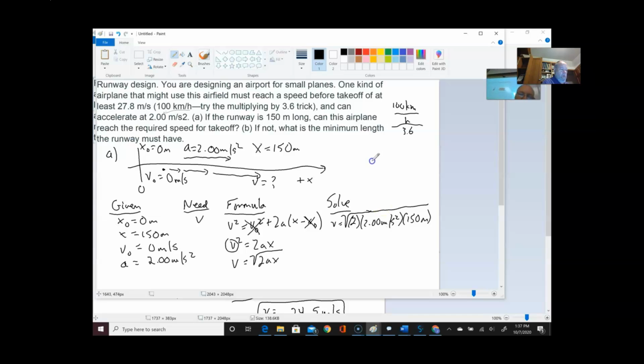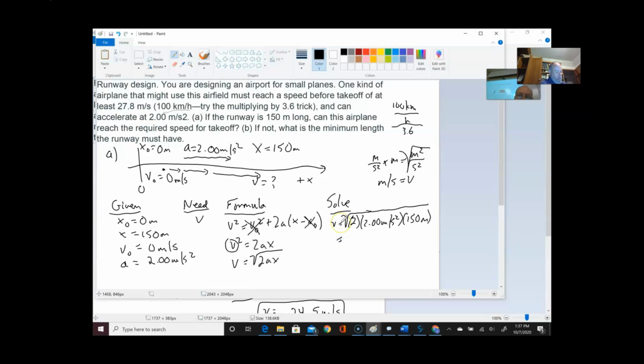If I multiply the units in the acceleration, meters per second squared, times meters, I'm going to get meters squared per second squared. Well, that's a weird unit, except it's under the square root. So if I take the square root of that, I'm going to get meters per second, which is what I want. I want the velocity, right? So I know that my units work out, and that helps me to know that I'm on the right path.